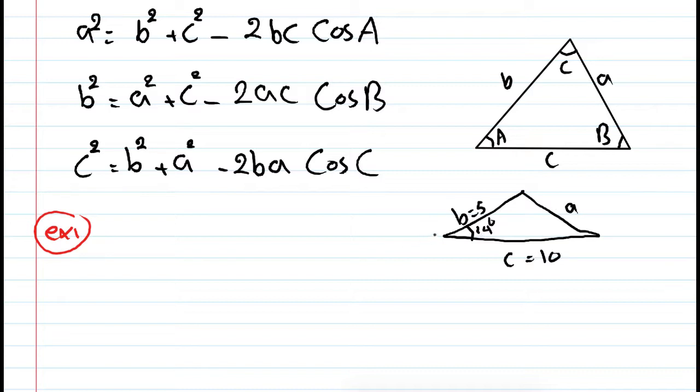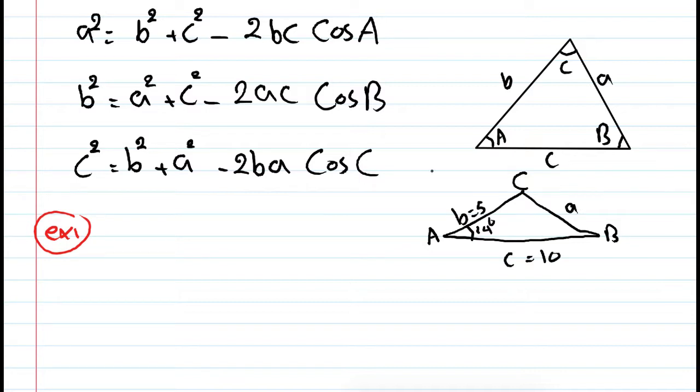That means this angle right here is A capital, this is C capital, and this is B capital. I am asking you to find the missing side, which is A. I have an angle and two sides. Find A using the law of cosines.